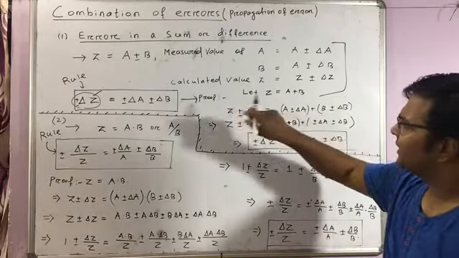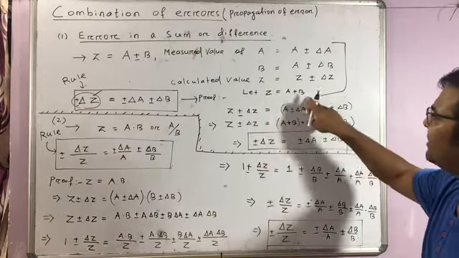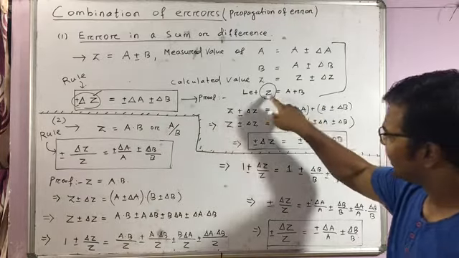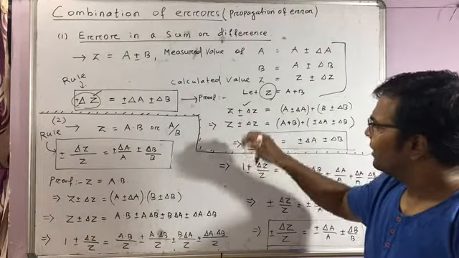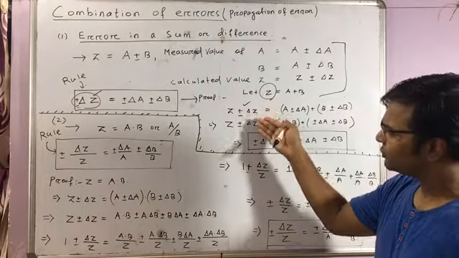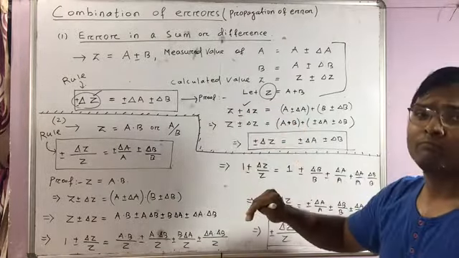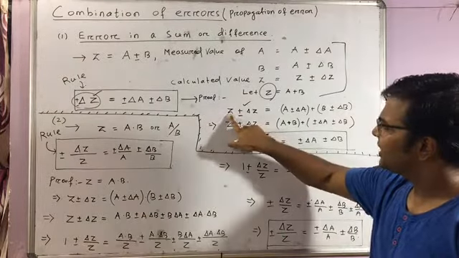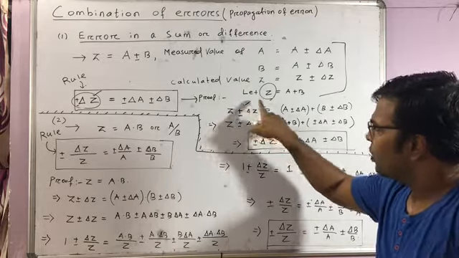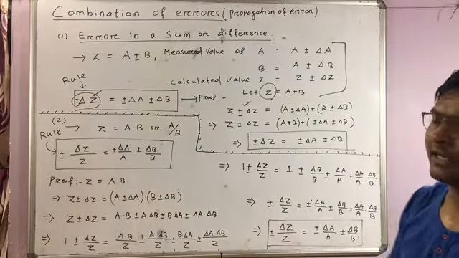So as I have taken, let Z is equal to A plus B. So the measured value of Z can be reported in this way. Means the true value along with the error part, it may be a plus or it may be a minus. That's why I took Z plus or minus delta Z as the measured value, or the reported value, of this physical quantity.